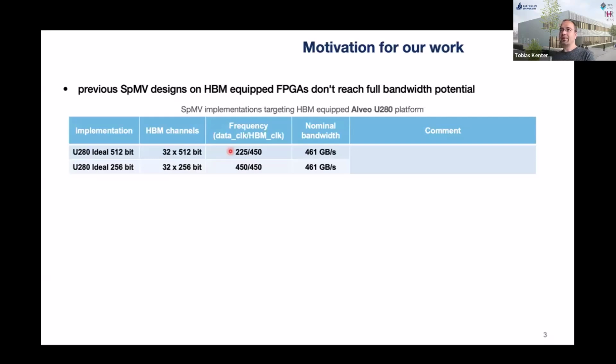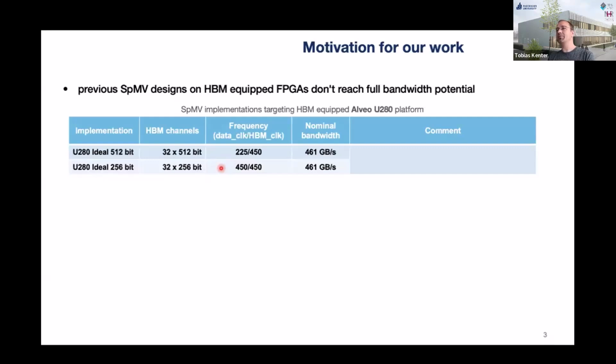Or we could use the same memory channels with just a 256-bit interface, and in that case, 450 megahertz clock frequency is required to reach the same nominal bandwidth. Of course, nominal bandwidth is not what one will see in practice, maybe 90% of that, but it's still good to aim for a high nominal bandwidth, because these real-world differences show up for all designs, even if they are below this nominal bandwidth.